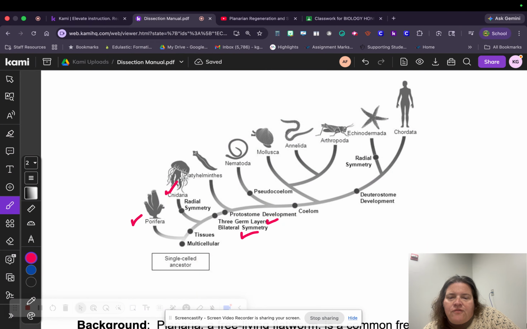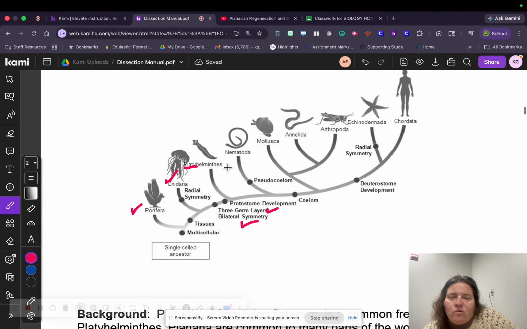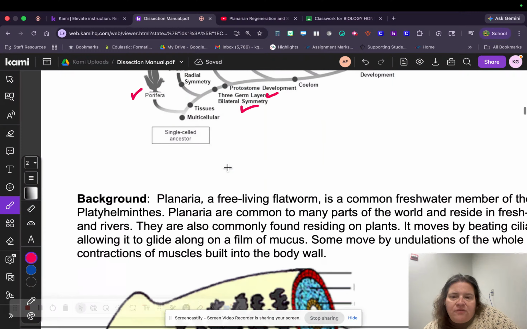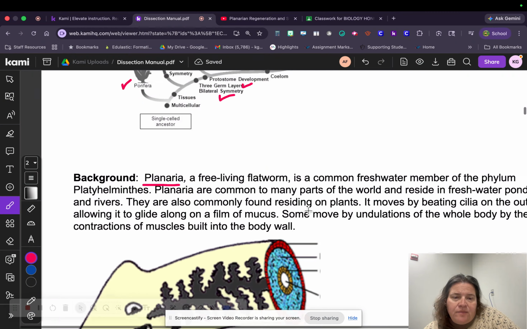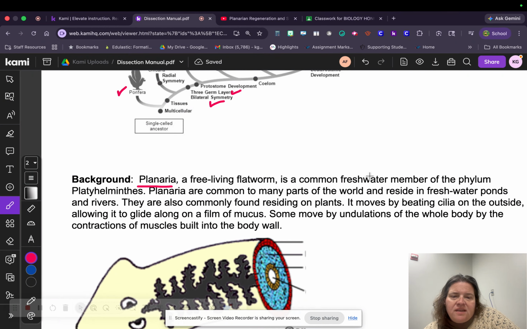So the phylum name: platy means flat, and helminth means worm. So Platyhelminthes are flatworms. And one of the types of flatworms are something called Planaria, and they are free living, meaning they're not parasitic. They usually live in water environments like freshwater, like rivers and streams.